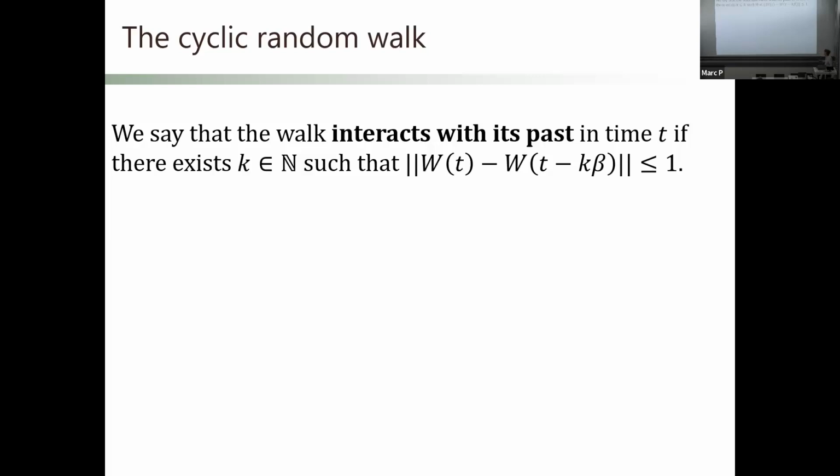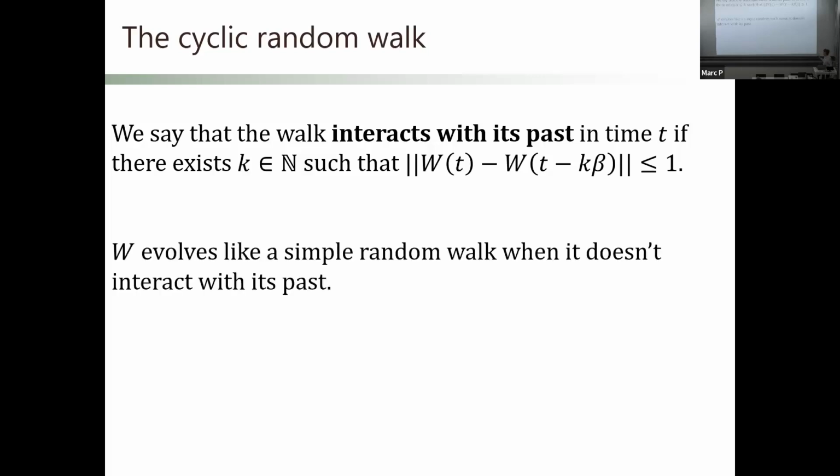But when this difference is greater than or equal to 2, it means that we're not interacting with our past. And so the future evolution of the walk, at least for the next little bit of time, will just behave like an independent, simple random walk. So there'll be times where the past doesn't matter in terms of working out what happens next. Okay. And so we want to understand these.